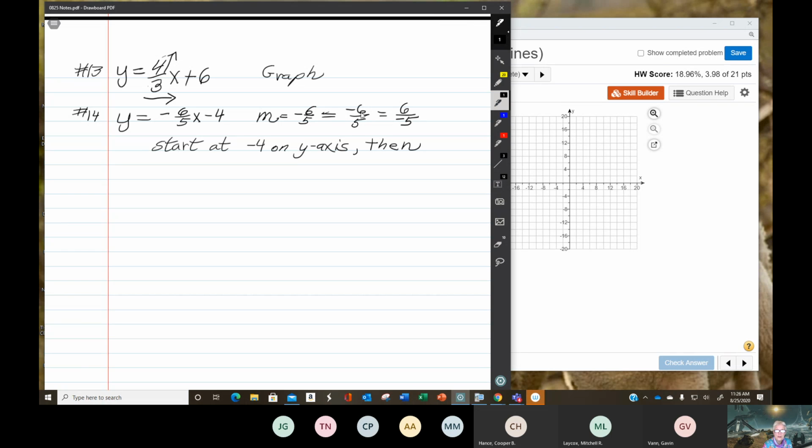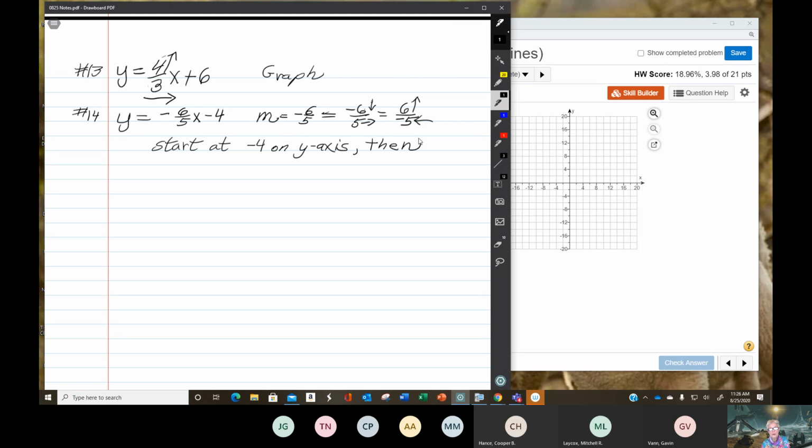Now, if I wrote this as -6/5, that would mean start at -4, go down 6, and to the right 5. Or if I don't have room to do that, I could start at -4, go up 6, and to the left 5. And I would still get a point on the line.